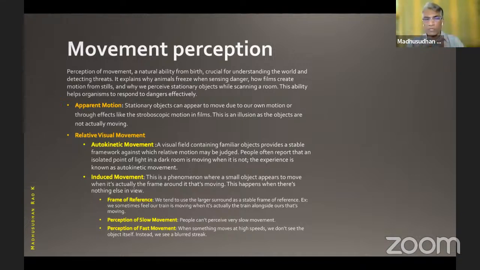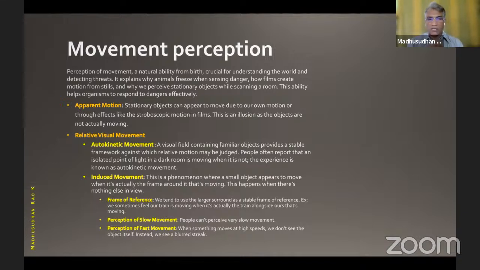You are sitting in a train waiting for it to depart, but it is not moving. But all of a sudden when you look at the other train, you feel that your train is going, but actually it is not, and when you look at the platform side, the train is stable. This is called frame of reference.